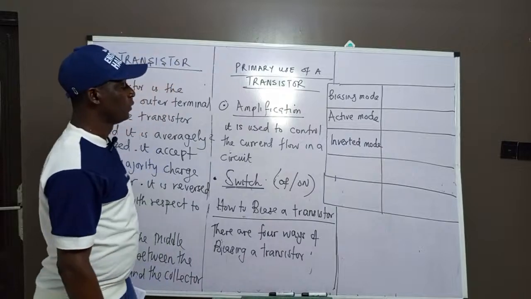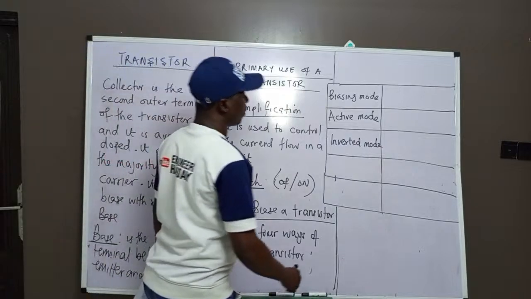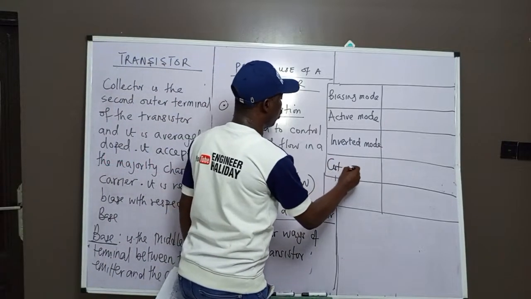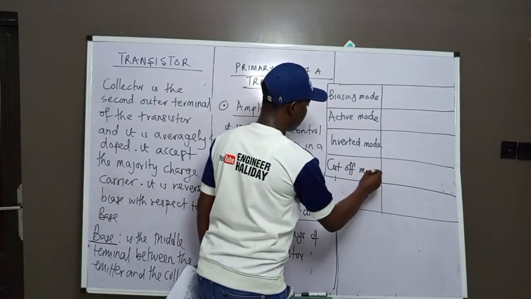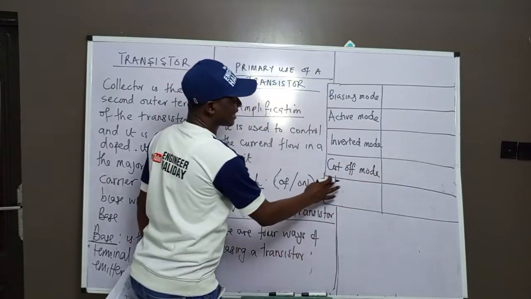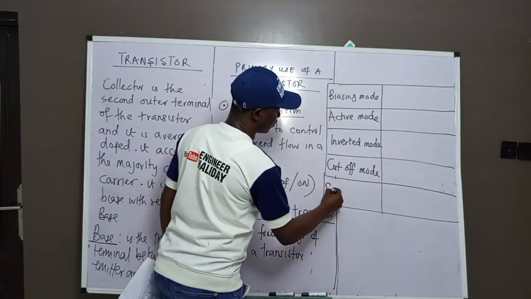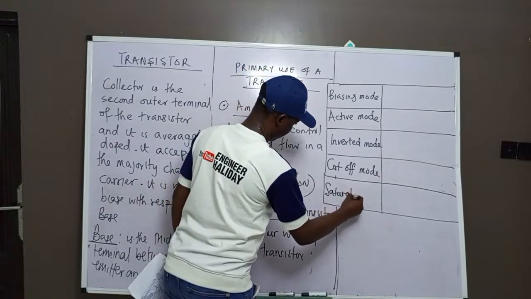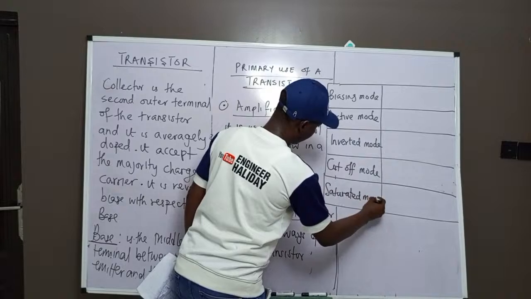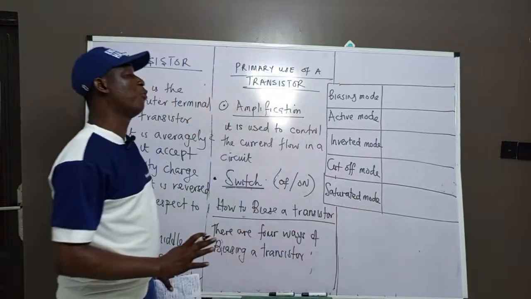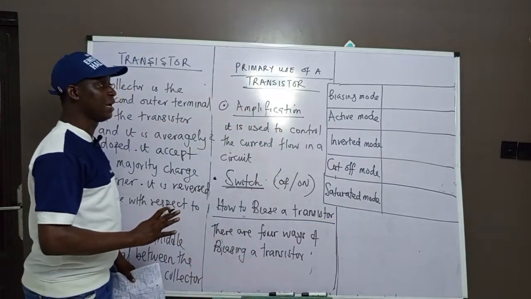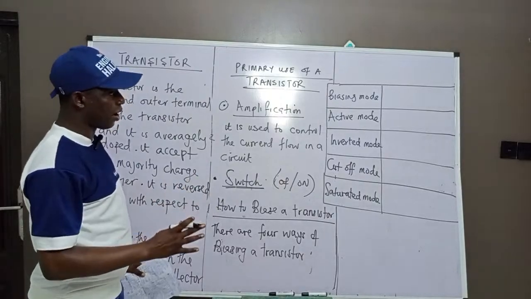Number three is what we call the cut-off mode. And the last mode is what we call the saturated mode. These are four ways by which you can bias. I will explain how all these modes come about.